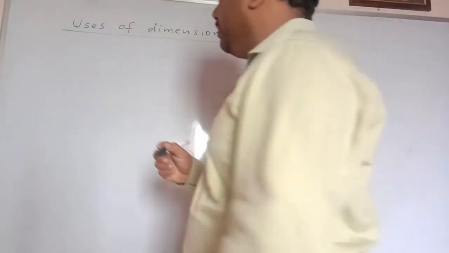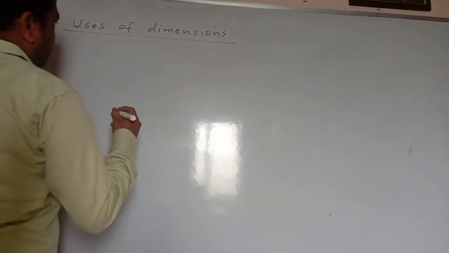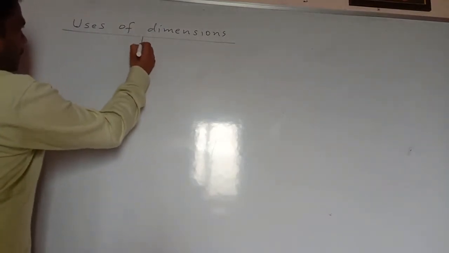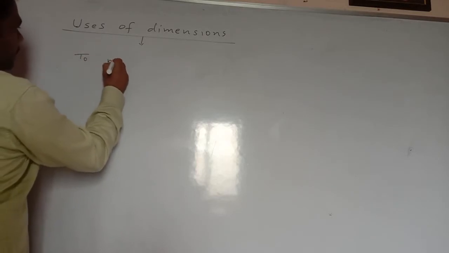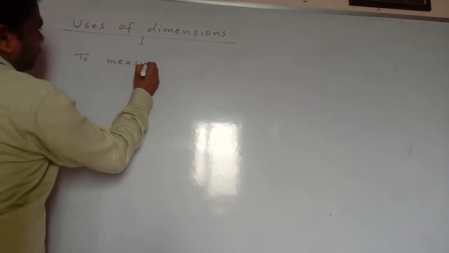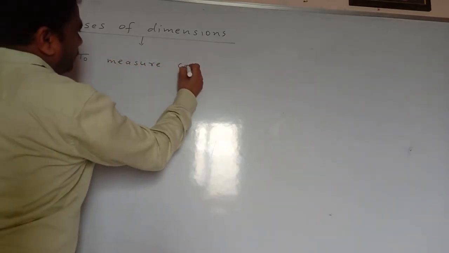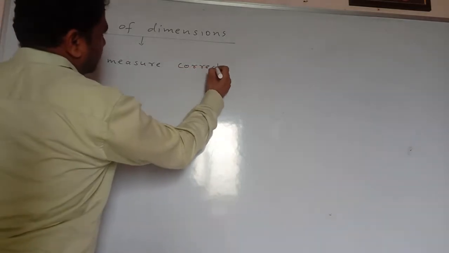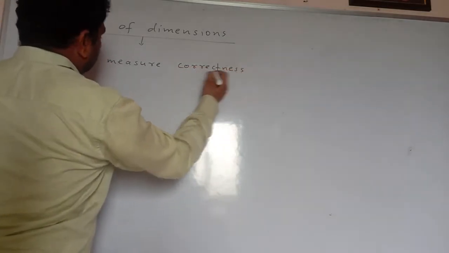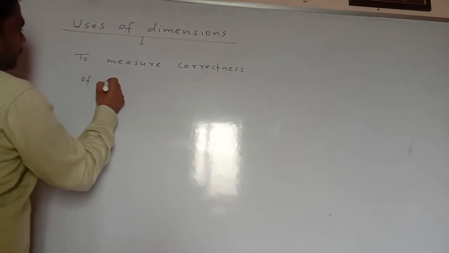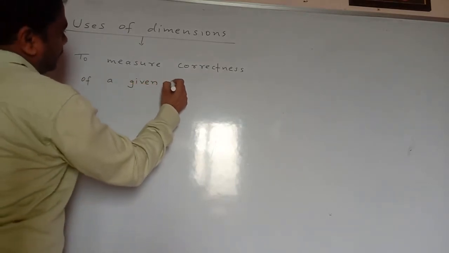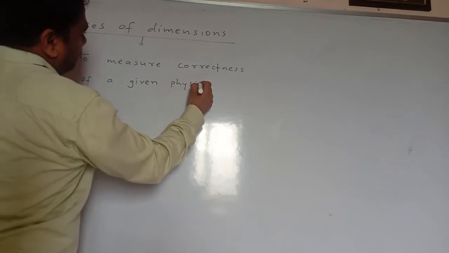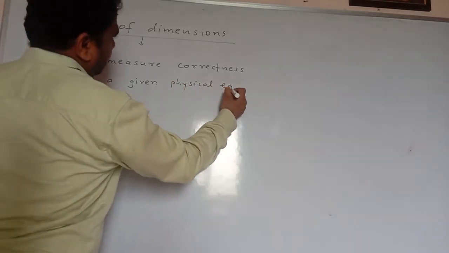So see uses of dimension. The use of dimension is to measure the correctness of a given physical equation.